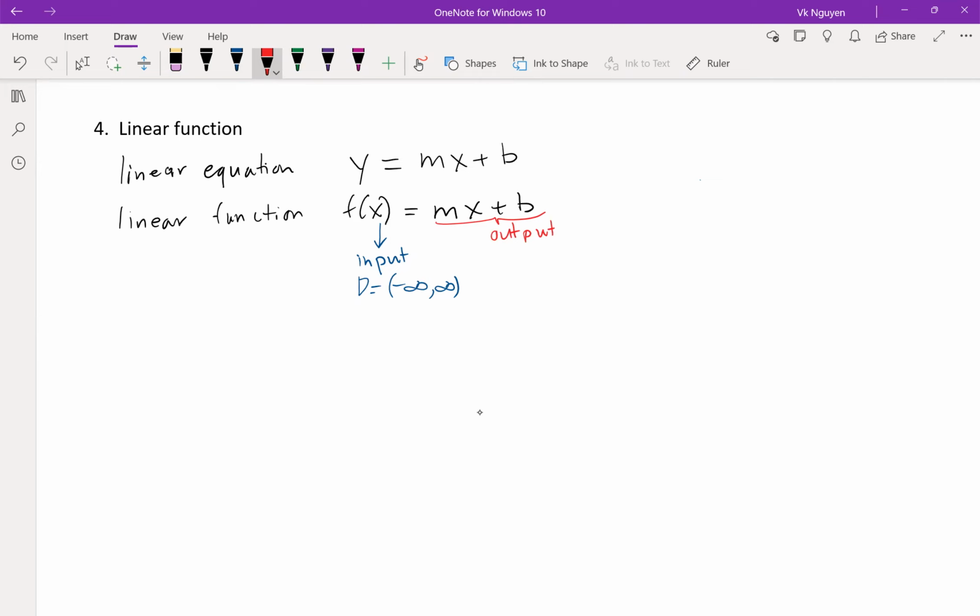Slope is a real number. x is a real number. b is also a real number. So any linear combination of them results in a real number. And thus, the range here is the same, -∞ to infinity. Range is the set of all real numbers.